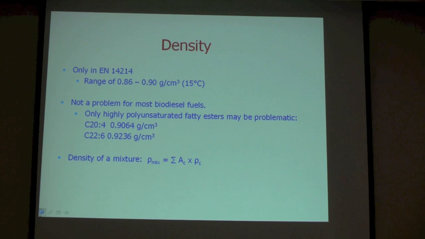The only point where it might be a problem for some biodiesel fuels is like in algal oils with the highly polyunsaturated fatty acid methyl esters, which have a density higher than that prescribed in EN 14214. But you'll need fairly high amounts of those in the algal oils to exceed the specification. And again, the density can probably be calculated similar to viscosity and cetane numbers just from the compounds and their amounts. Next slide, please.